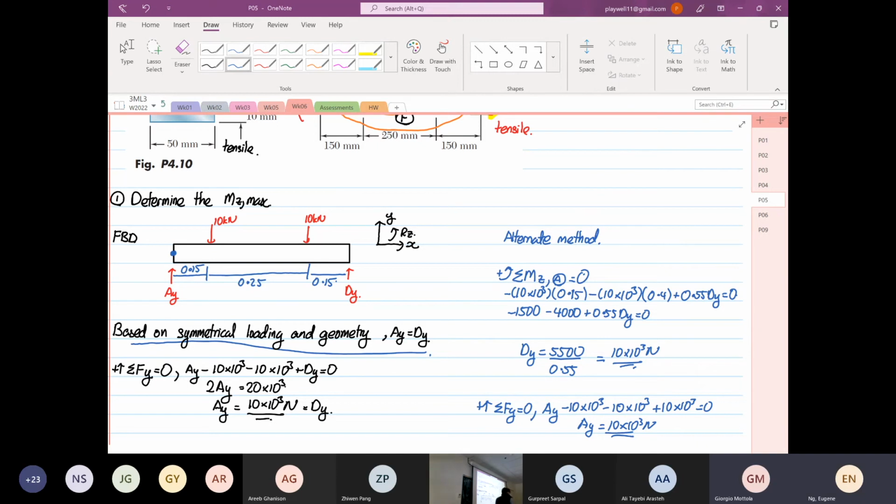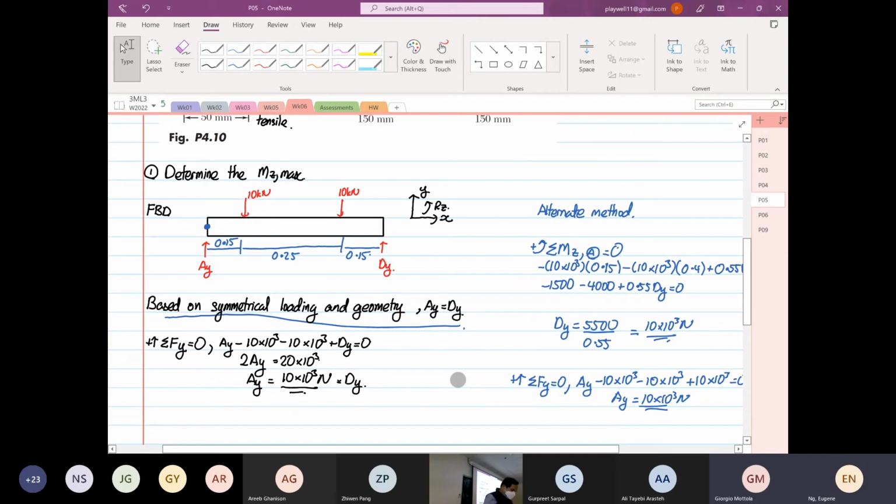Then you cannot use this; you have to use the other method. So if the loading conditions are not the same, this technique will not work.